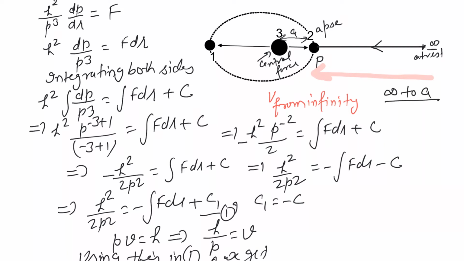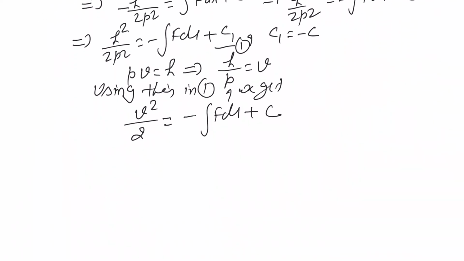These are the limits on r. So using these limits we get v squared by 2 equals minus the integral from infinity to a of f dr, and the arbitrary constant will be removed when we are using the definite integral.